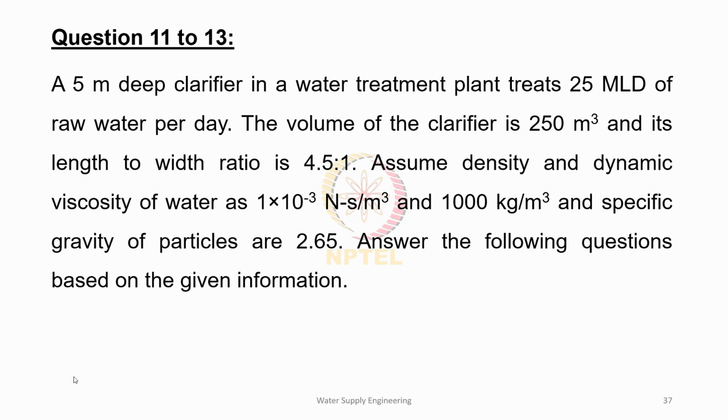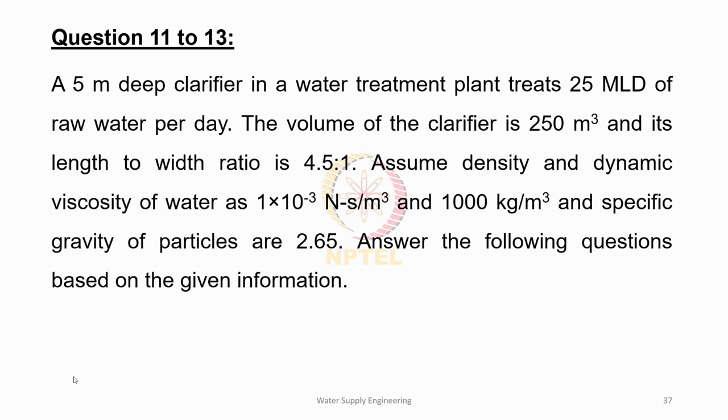Questions 11 to 13 have a common statement. A 5-meter deep clarifier in a water treatment plant treats 25 million liters per day of raw water. The volume of the clarifier is 250 meter cube and its length to width ratio is 4.5 to 1.